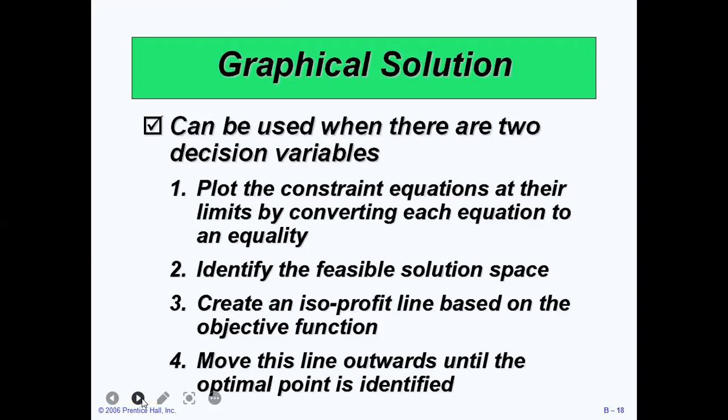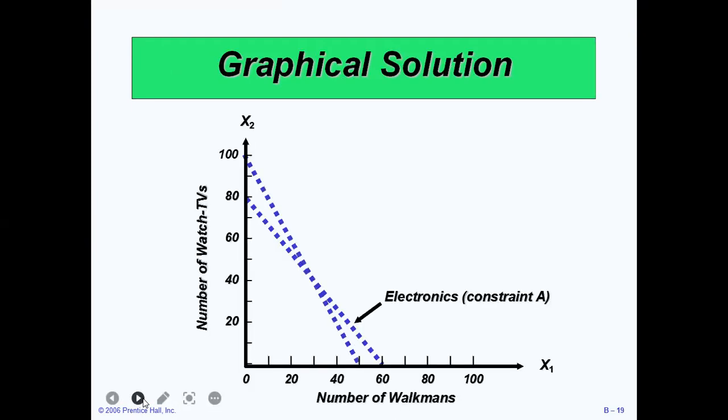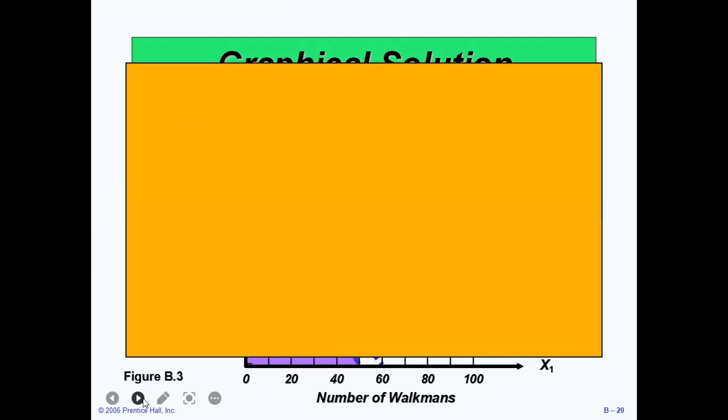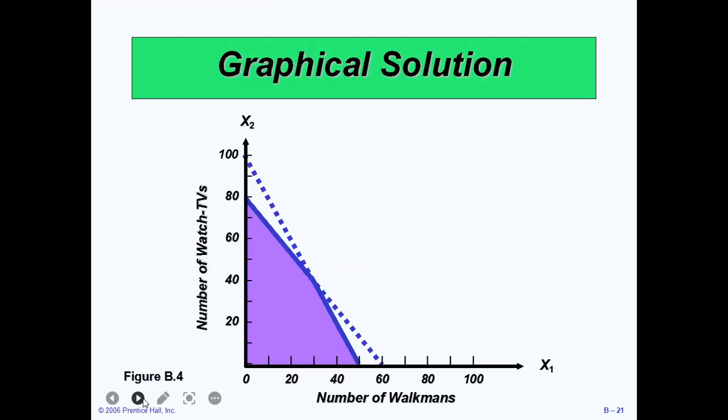Okay, so we can solve this also graphically like this. This is the assembly constraint, and this is the shaded region for us, the feasible region. Now we can easily solve the intersection point of line 1 and 2. Isoprofit line method. This is the solution for us.